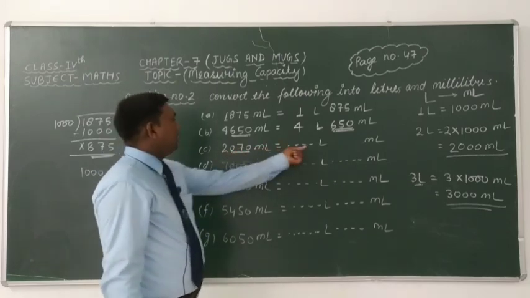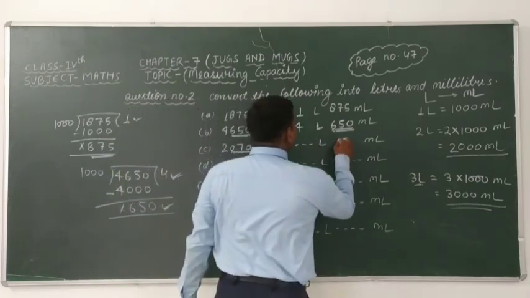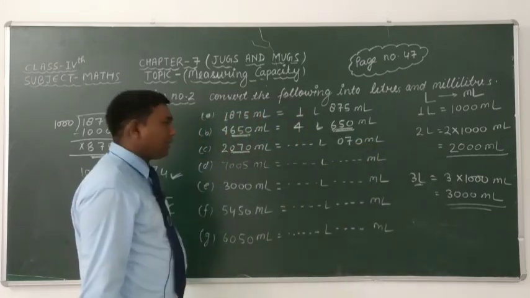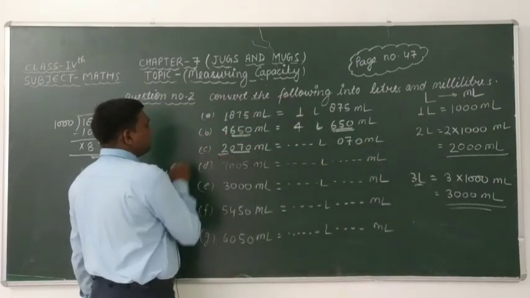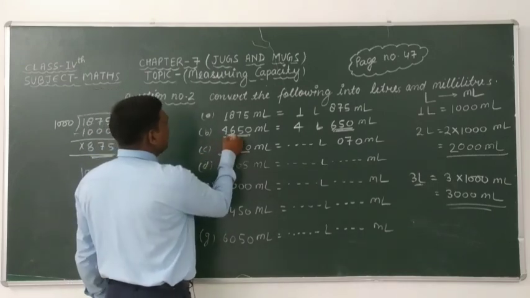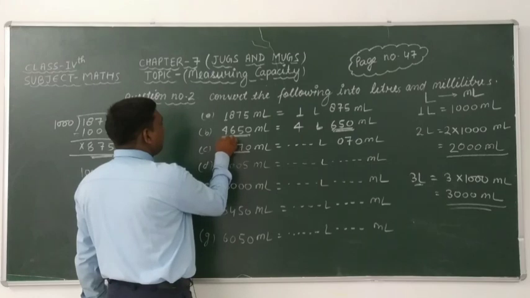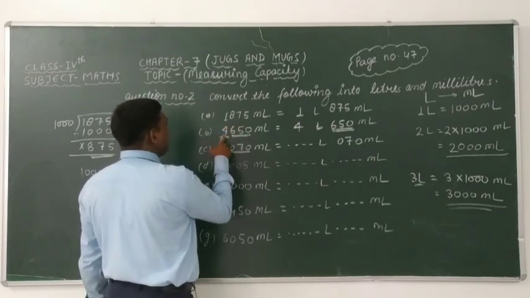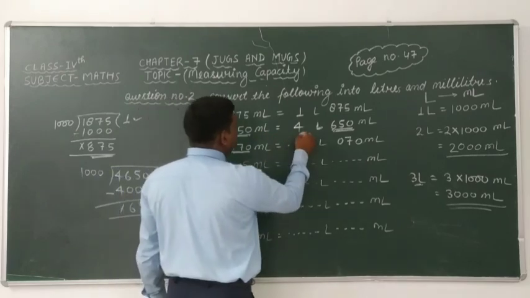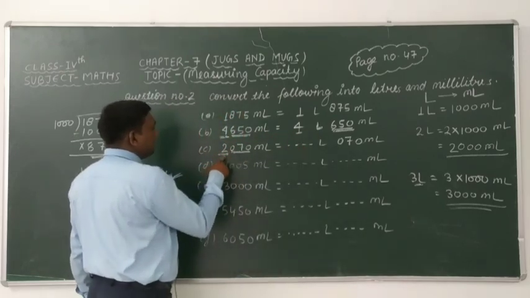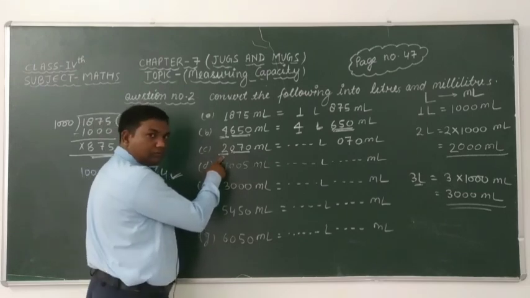070. Therefore, here we can write 070 in milliliter. Okay, and the rest digit, it means that 4. Look, in this question, here we get rest digit as 4. Therefore, here we can write 4. Similarly, in this question, here given that 2.